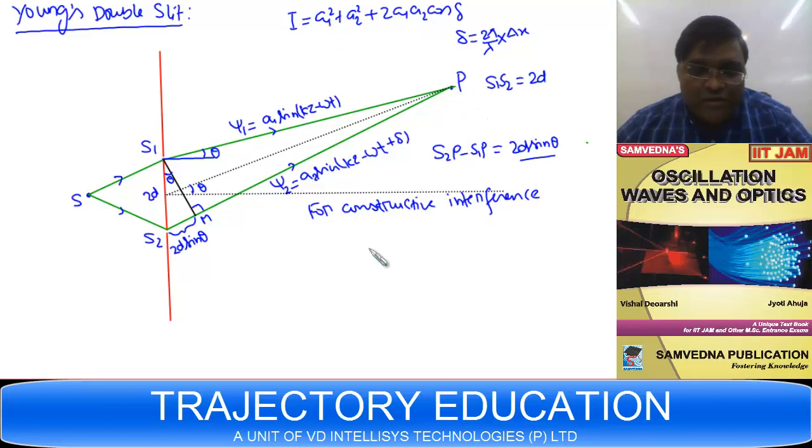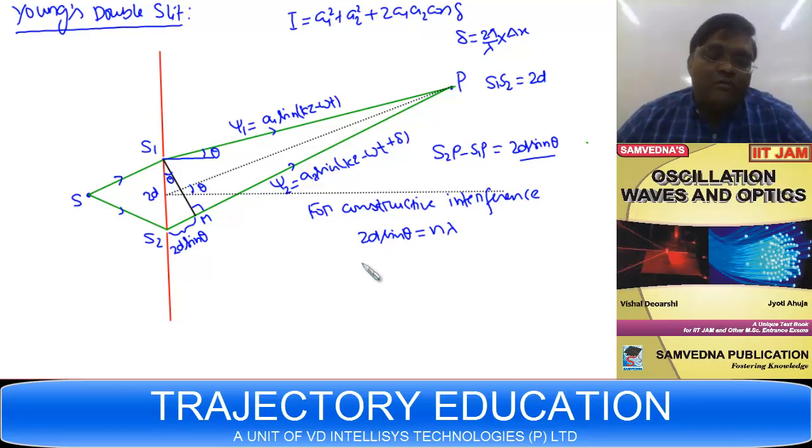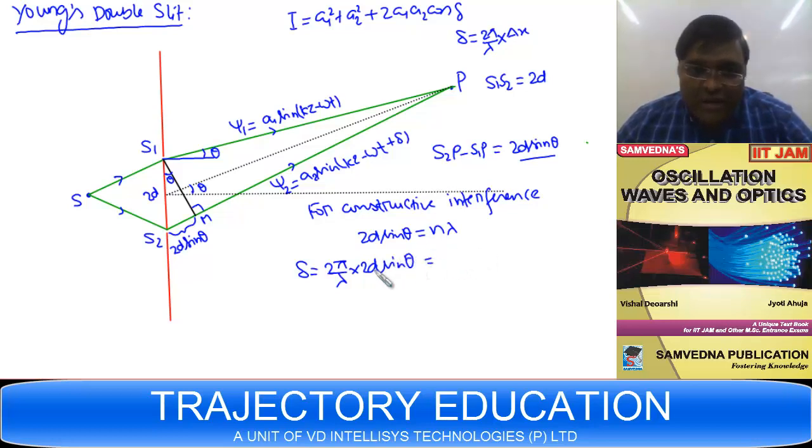So for constructive interference, those points for which the path difference 2d sin theta is n lambda are the points where the intensity will be maximum, because at these points delta is 2 pi by lambda into 2d sin theta. If 2d sin theta is n lambda, then delta will be 2n pi.